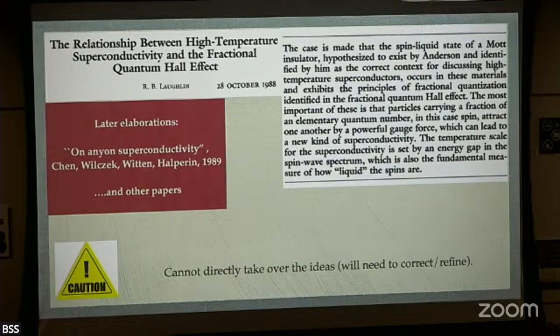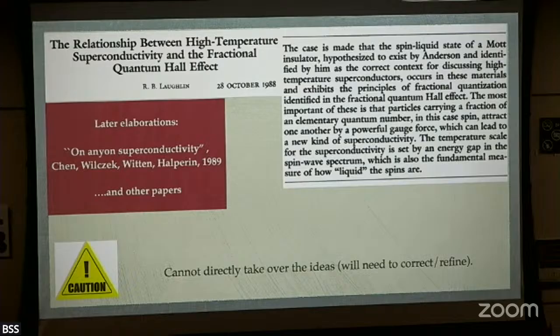I read this as an undergrad trying to decide what part of physics to go into, and then I decided condensed matter physics is it. It's really beautiful stuff. And the key sentence is somewhere here: particles carrying a fraction of an elementary quantum number attract each other by a powerful gauge force, which can lead to a new kind of superconductivity, right?